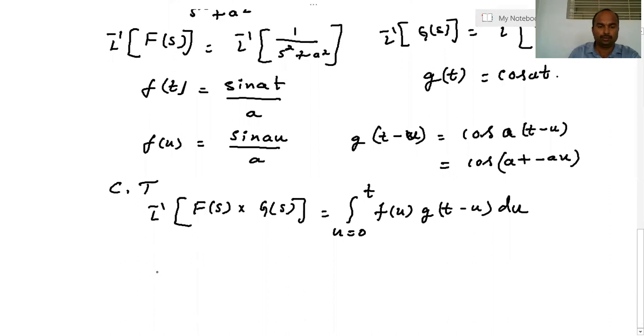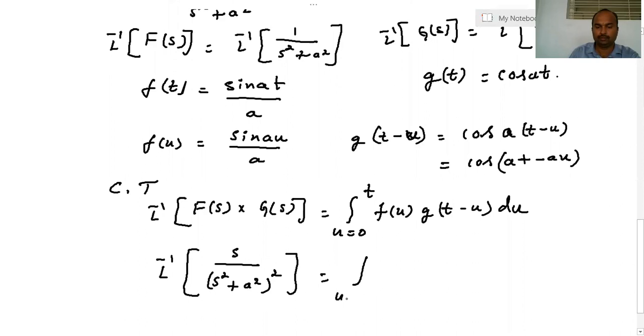So therefore inverse of s by (s square plus a square) the whole square will be equal to integral from u equals 0 to t of f(u), that is sin au by a, and g(t minus u), cos(at minus au).